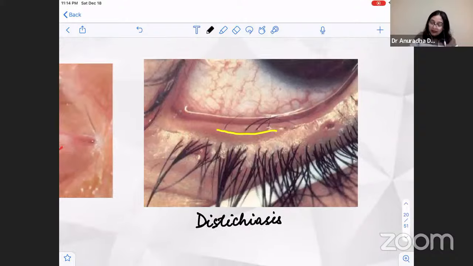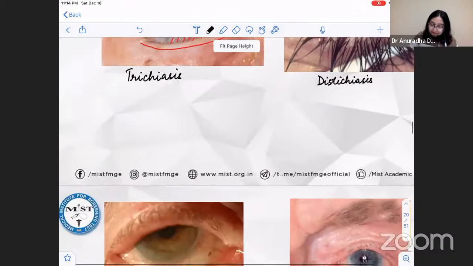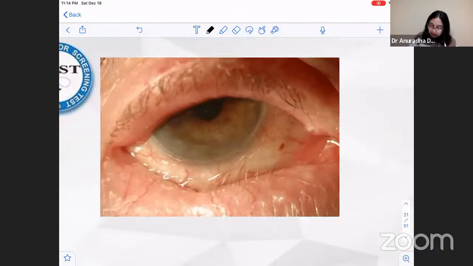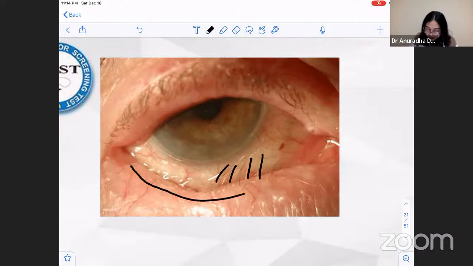Okay. And what else? If we see here, what are we seeing here? Again, we notice that there are the eyelashes which are rubbing the eye surface, but even the lid margin is enrolled. The whole of the lid margin is enrolled.